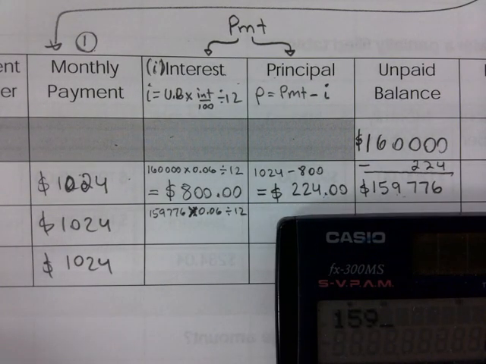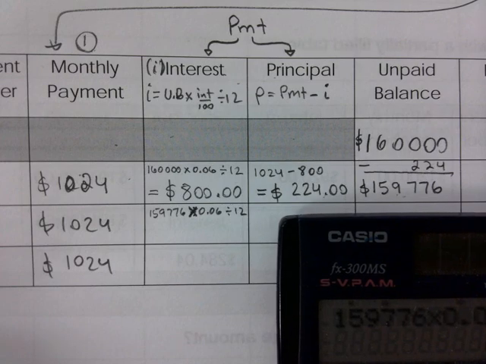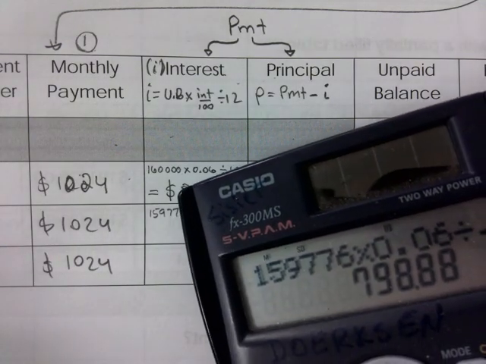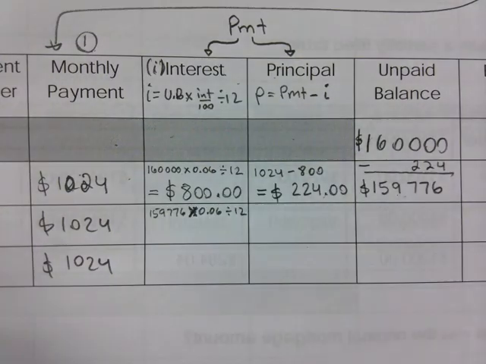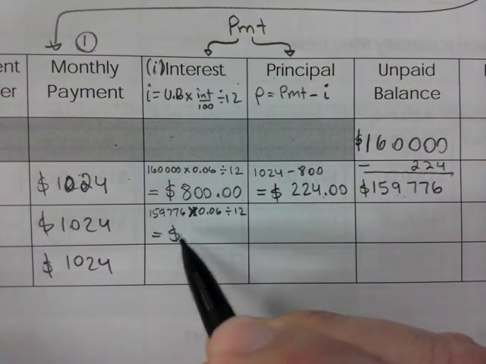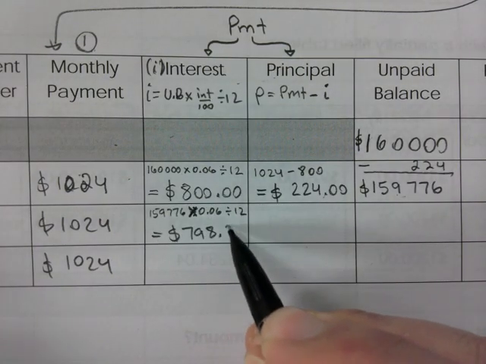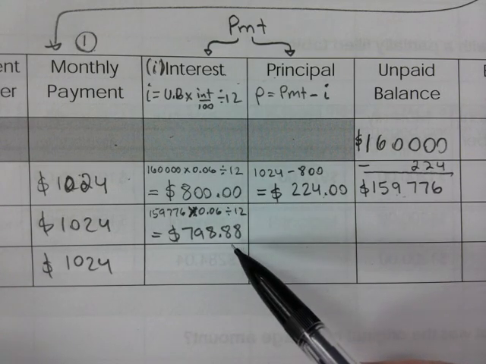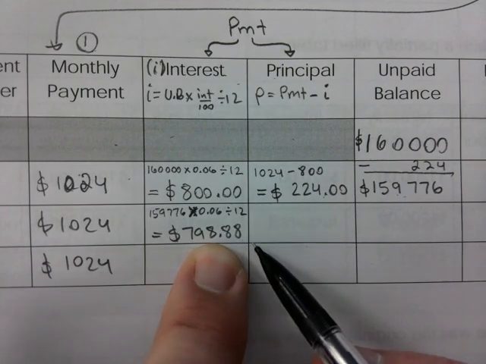I don't think you're going to be able to fit the work in every time. So your interest now is a little bit less, $798.88, which is what you want. You want to pay a little bit less interest on the second month.